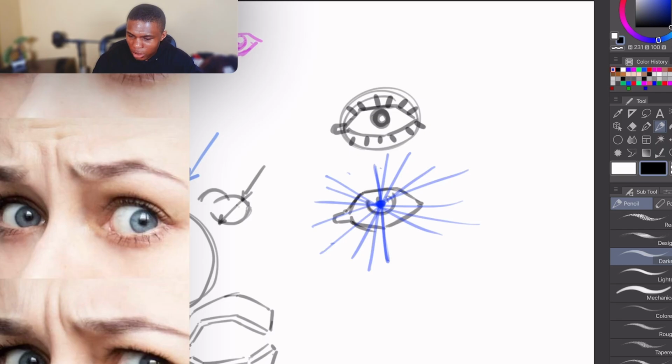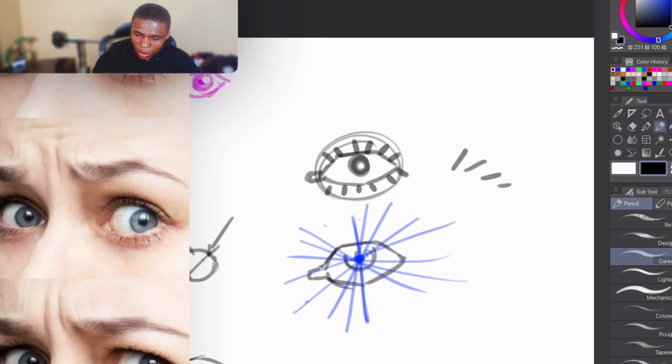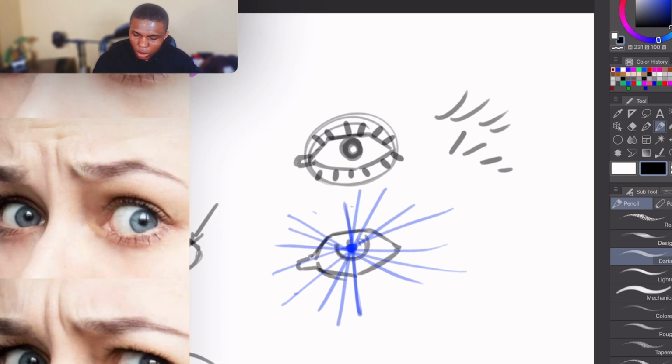And your eyelashes are not just single lines like this. You could draw them in chunks or clumps. What I mean by that is, instead of just doing one, and this could work in some cases, especially when you're zooming into detail, you could do better by putting them together like this and then drawing them.